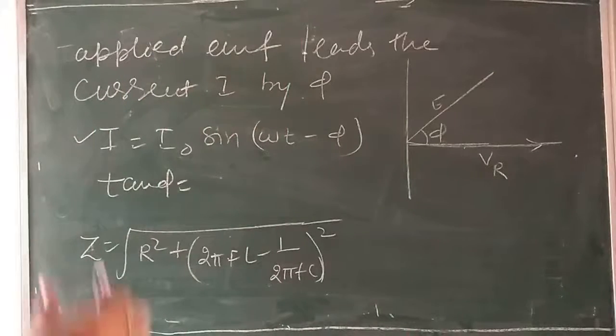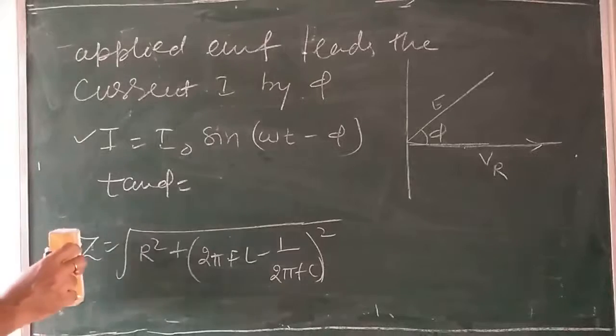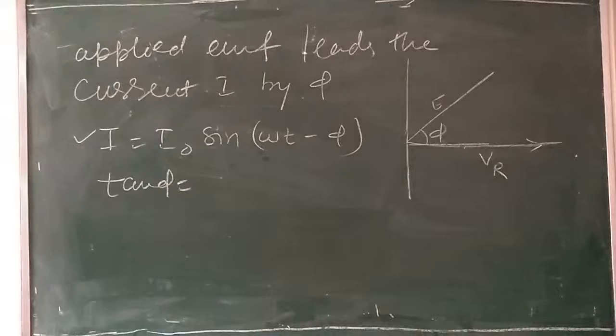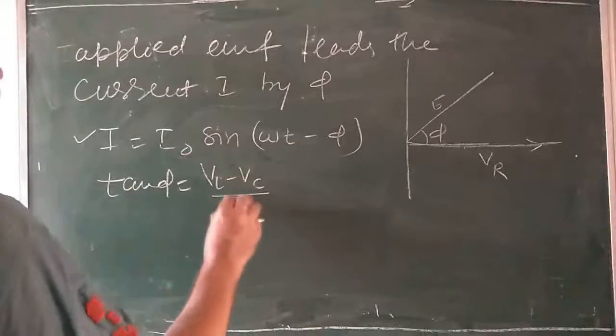So with the help of our phasor diagram, again you apply a trigonometrical relation. Tangent of phi is equal to perpendicular upon base, that is equal to VL minus VC divided by VR.